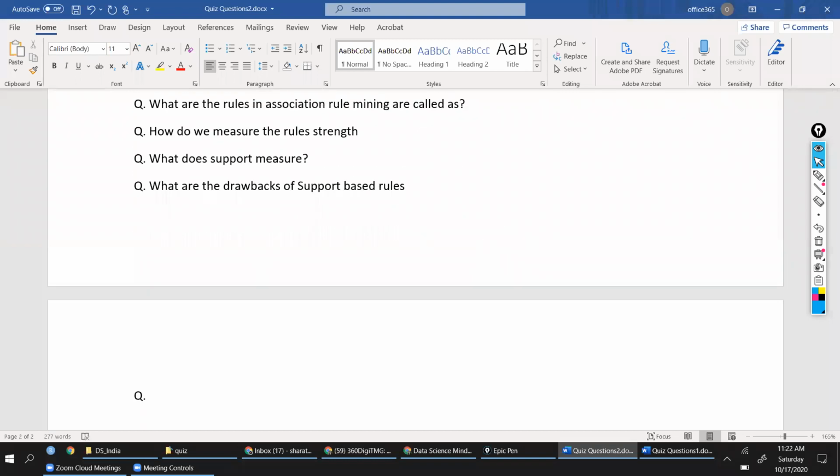In order to capture the dependency, what measure do we use? Confidence. Very good. What is the confidence formula based on? I'm talking about the logic of confidence.